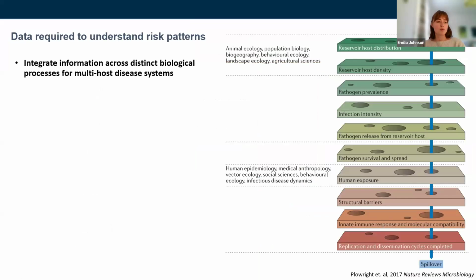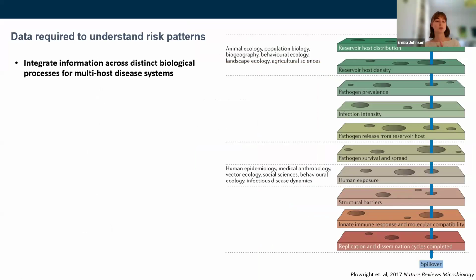And with so many moving parts to this, the determinants and the dynamics of zoonotic and vector-borne diseases are really complex, and understanding these requires research and data that is cross-disciplinary, integrating wildlife ecology, landscape and spatial ecology, human epidemiology, and behavioral studies.